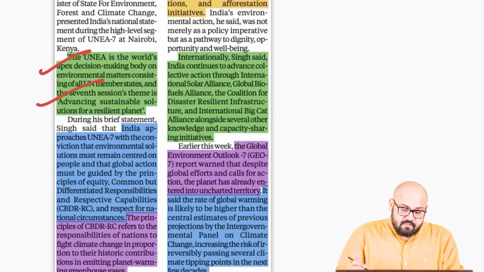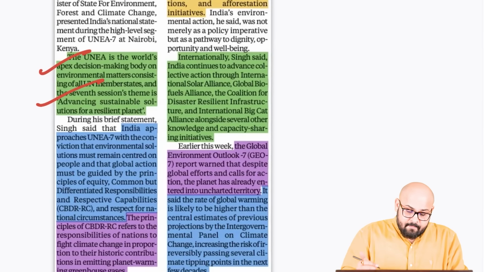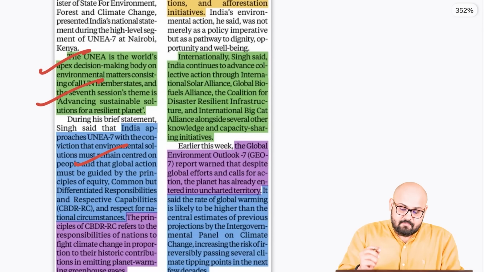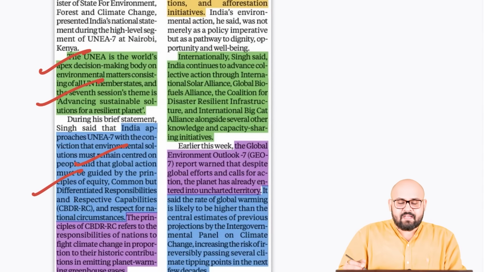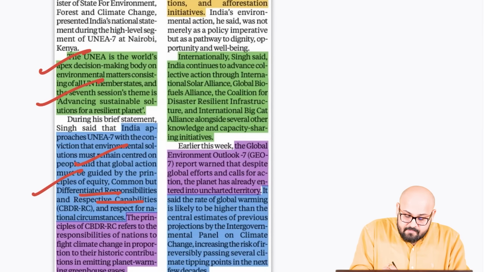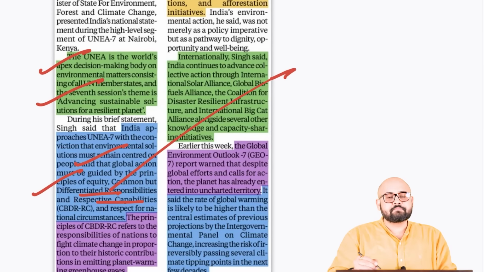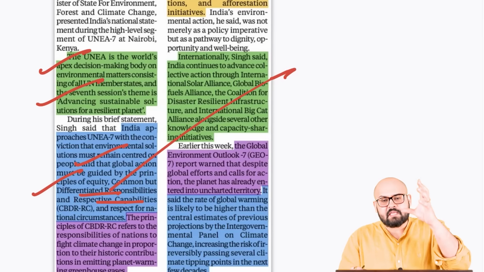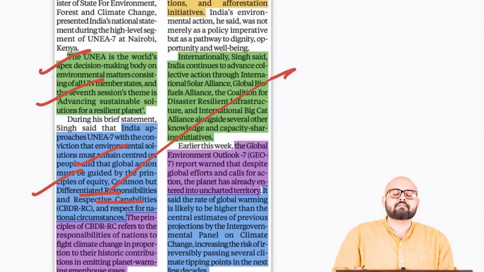India approaches, the Minister of State has said, India approaches the UNEA 7 with the conviction that environmental solutions must remain centered on people and global action must be guided by the principle of CBDR-RC. Common but differentiated responsibilities and respective capabilities. What it means: the ill effects of climate change, which we are witnessing right now, are primarily because of anthropogenic, human-induced reasons.